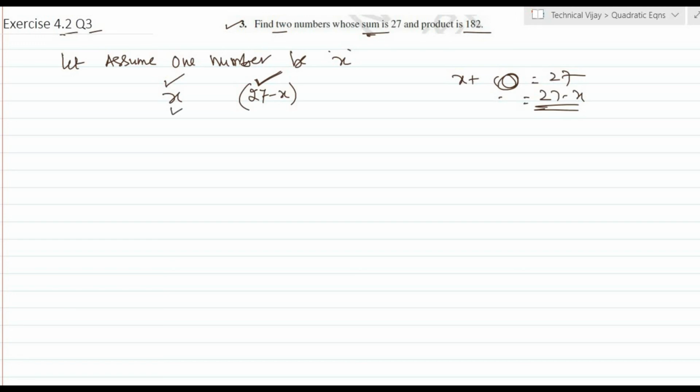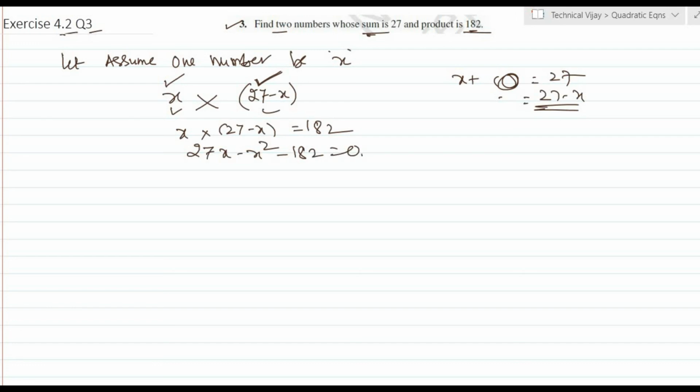So these are the two numbers, x and 27 minus x, and their product is 182. That is, x into (27 minus x) is equal to 182. Multiplying out, 27x minus x square minus 182 is equal to 0.